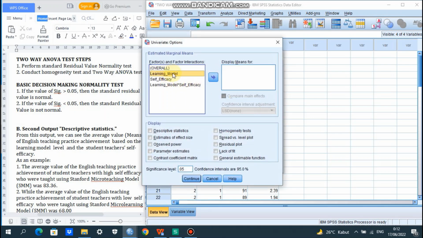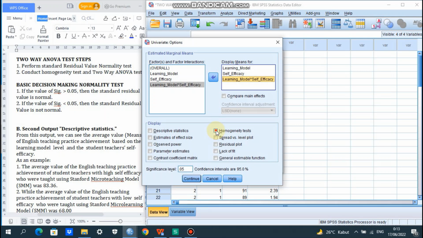Okay, we send learning model to display means on the dialog box on the right, self-efficacy also, and lastly learning model and self-efficacy to the dialog box on the right, display means for.